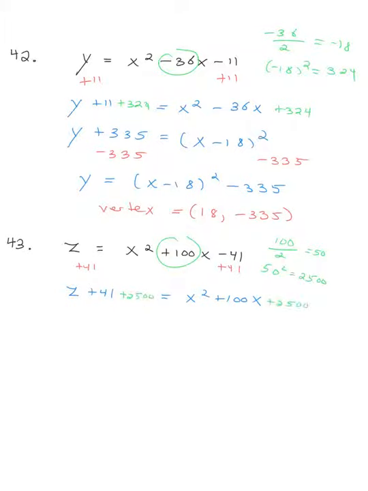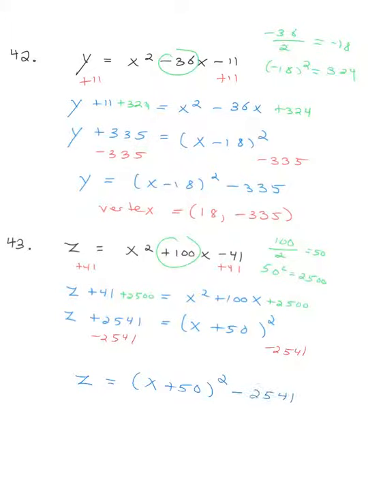In doing so, on the left I get z plus 2,541 is equal to, okay, this has got to be a perfect square. It is x plus 50, and that makes sense. If you double 50, you get 100. If you square 50, you get 2,500. I now subtract 2,541 from both sides, and I have my answer. Z is equal to x plus 50 squared minus 2,541, meaning the vertex is at negative 50, negative 2,541.